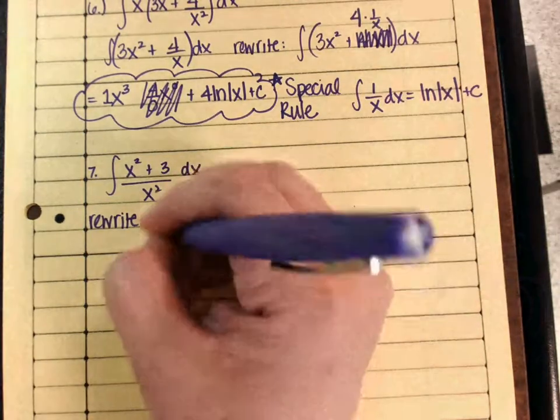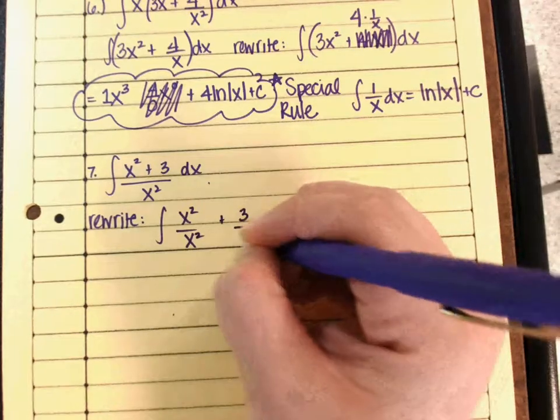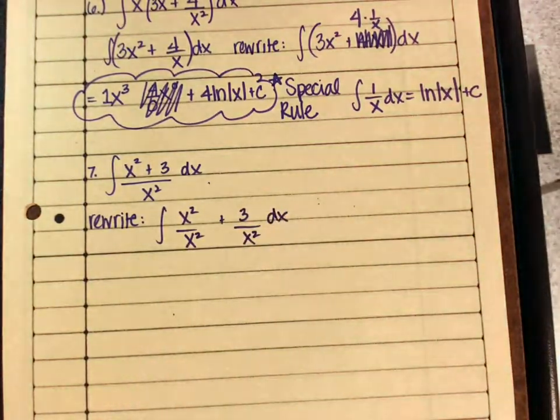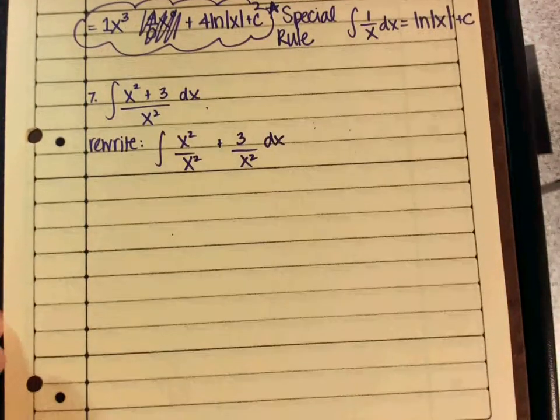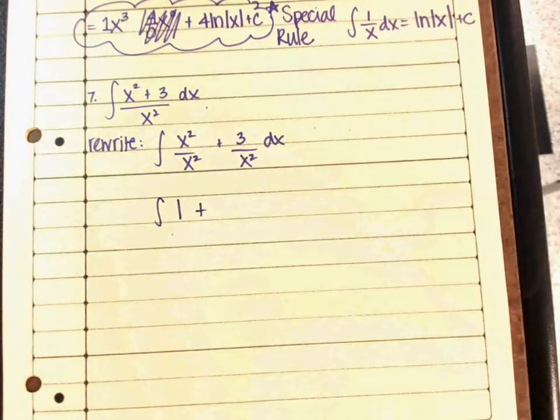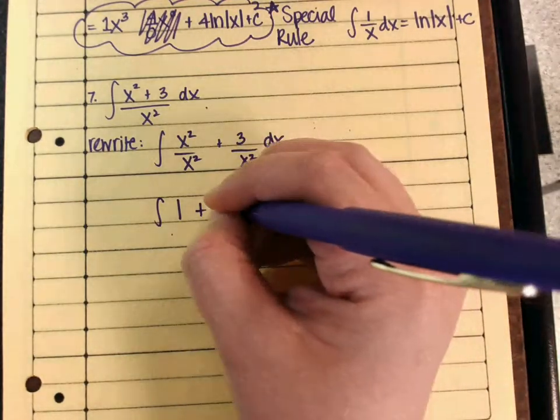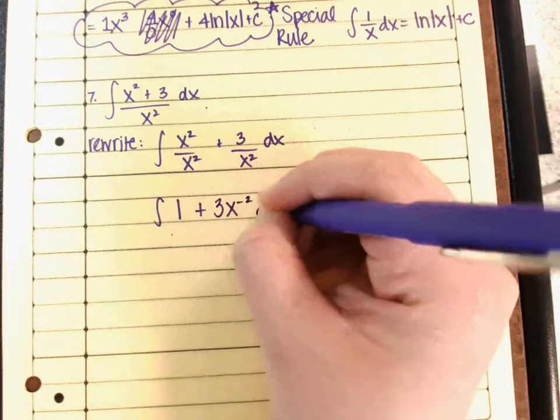So I'm going to do x squared over x squared plus 3 over x squared. And if I rewrite it like that, what is x squared over x squared the same as? That's just a 1. And then how could I rewrite my 3 over x squared? 3x to the negative 2.